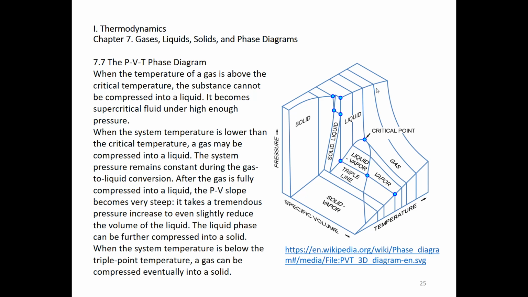The supercritical fluid can occupy the entire container just like a gas would do, and a supercritical fluid has a density much closer to the density of liquid, but much higher than the density of a gas. So a supercritical fluid is like between a gas and a liquid.